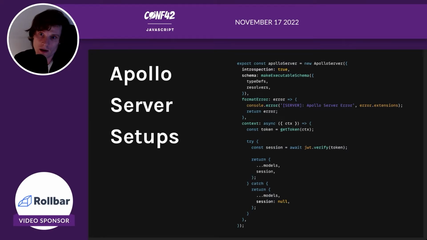So here you can see that we are using makeExecutableSchema, which is getting the typeDefs, which is the GraphQL schema itself, and resolvers, as I showed in the schema.